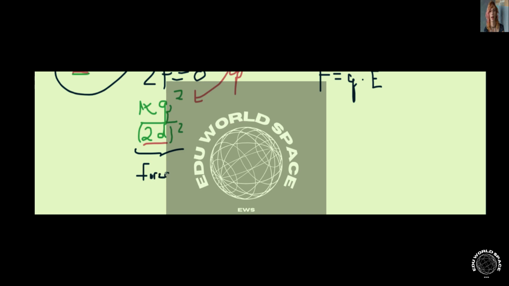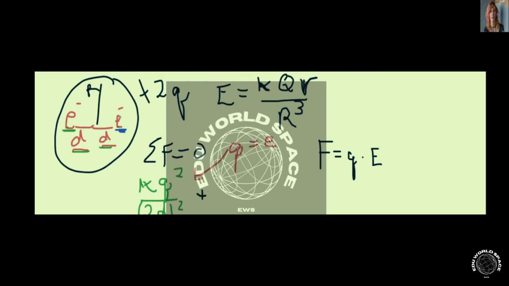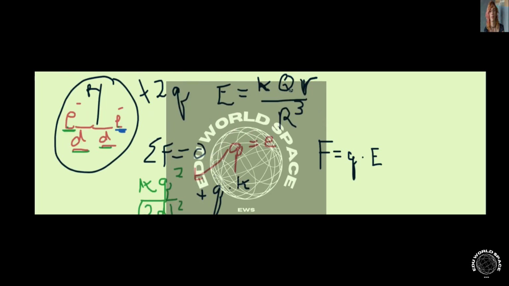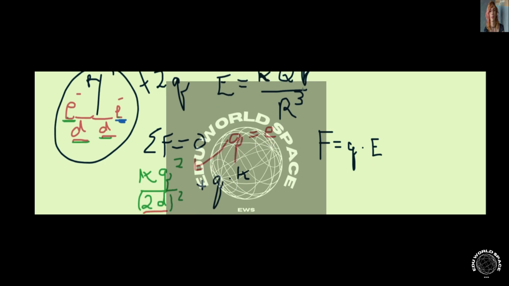Force due to electron plus the force due to our non-uniformly charged sphere when we are a distance d away. Remember, the small r is the distance we're at. So here we go. Plus q times k q r.